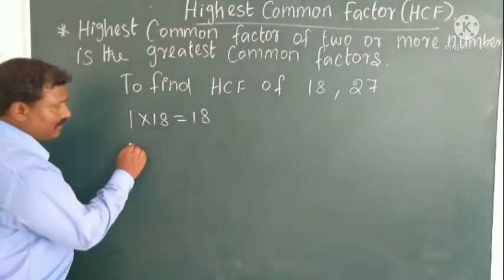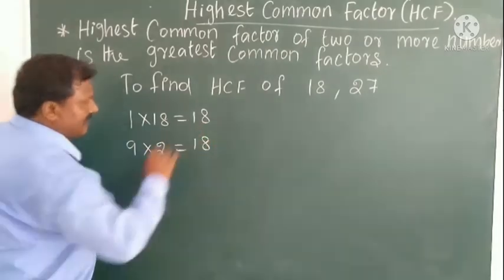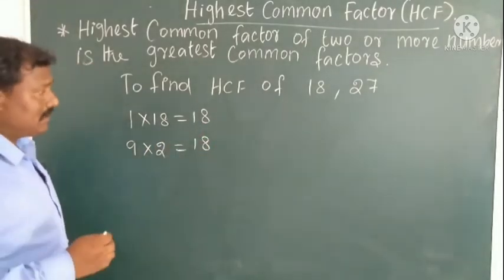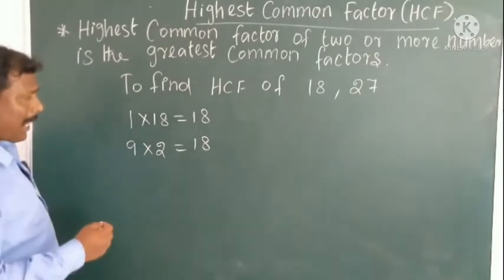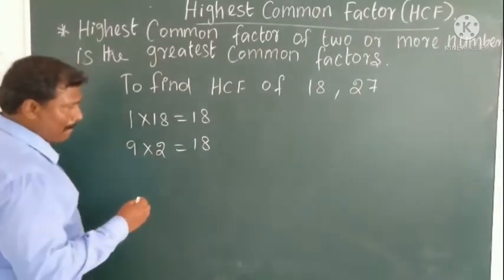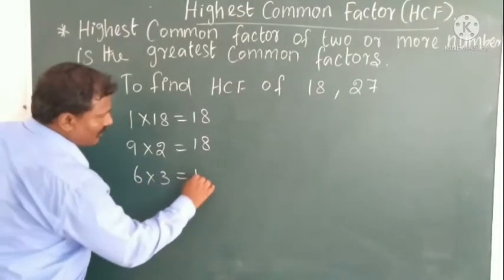Try to find more factors of 18. 9 2s are 18. Then if you want to find more factors of 18, 6 3s are 18.